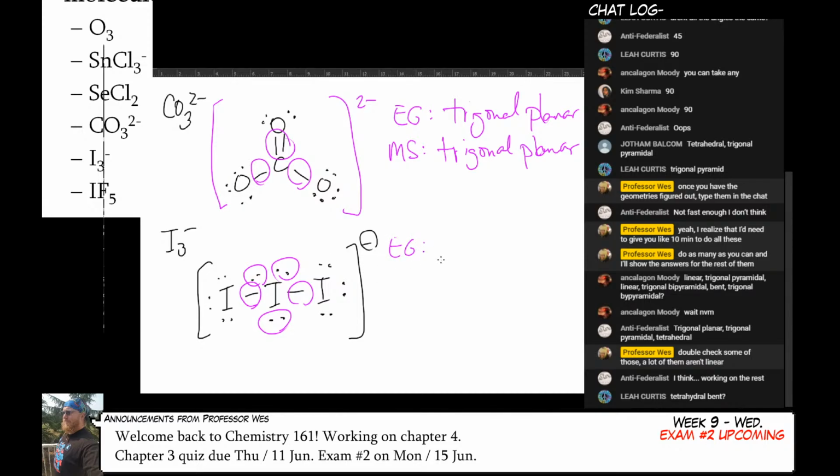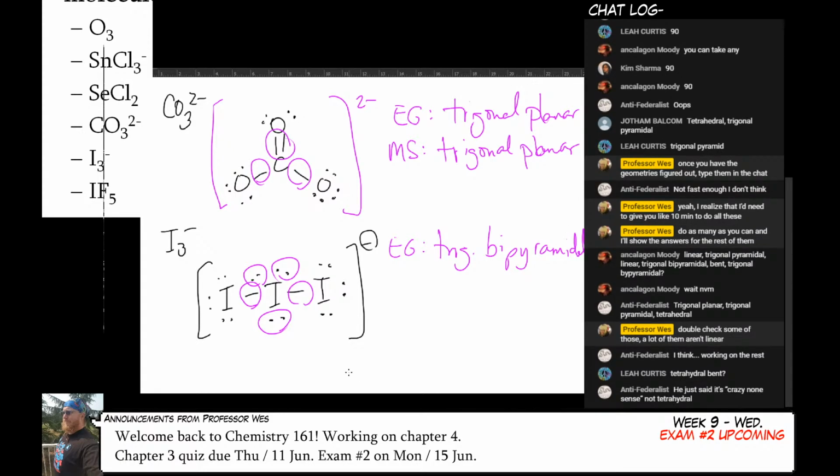5 is trigonal bipyramidal. And then, of those 5, 3 of them are electron pairs.